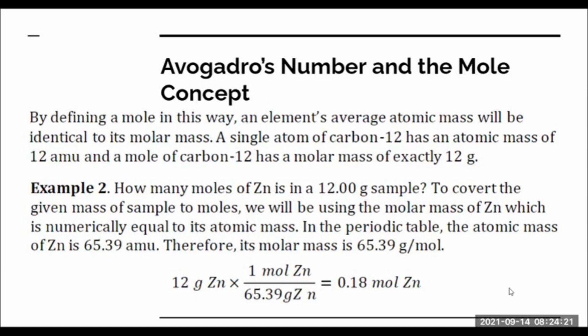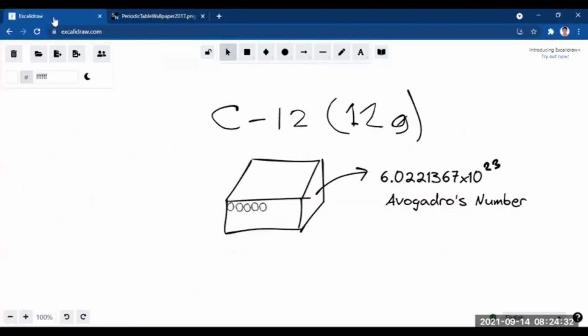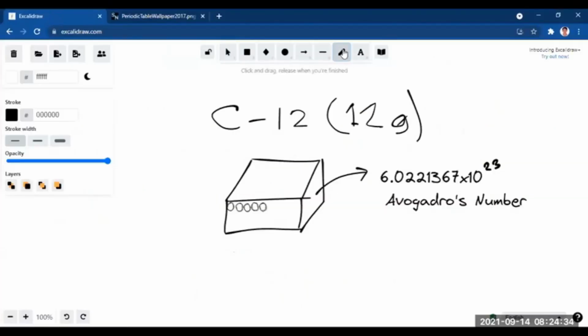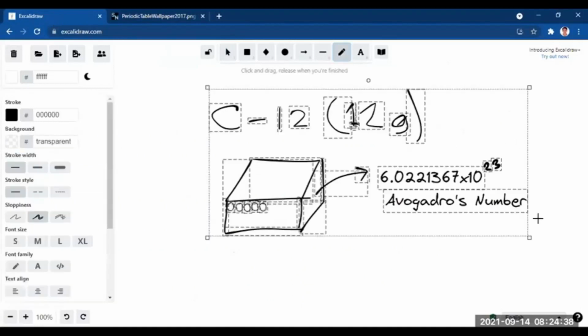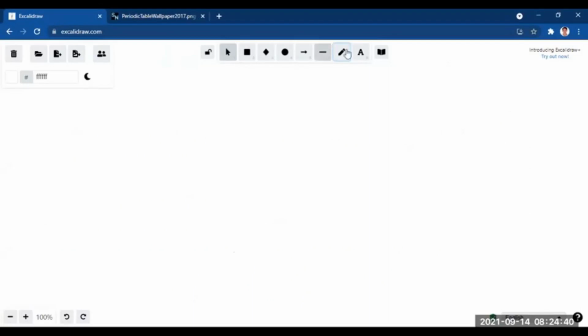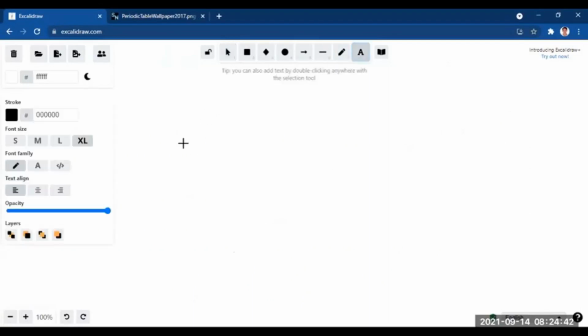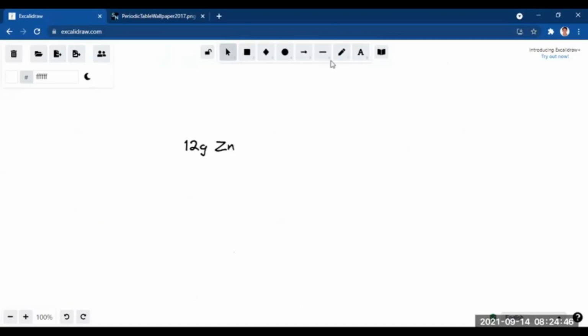Why is this so? Let's transfer this one to the Jamboard and solve it there. So we have 12 grams of zinc times.